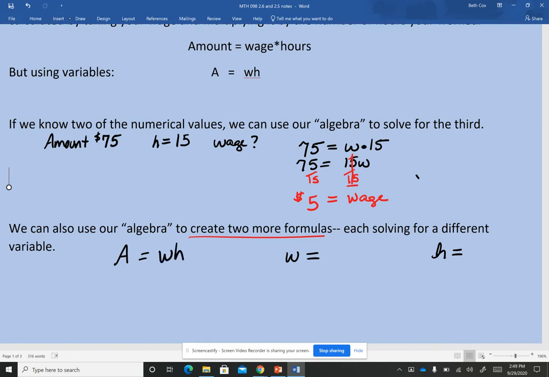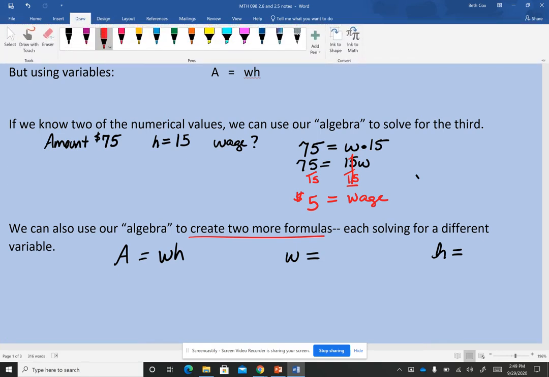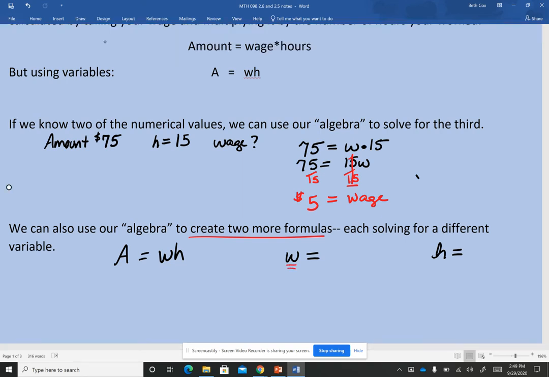The first formula is A equals WH, wage times hours. If I want to solve for W, then I need to just divide by the H on both sides, and I get W is equal to, well, there's no math to be done here. That's okay. I'm creating another formula, A over H. So W is equal to A divided by H. That's formula number 2.